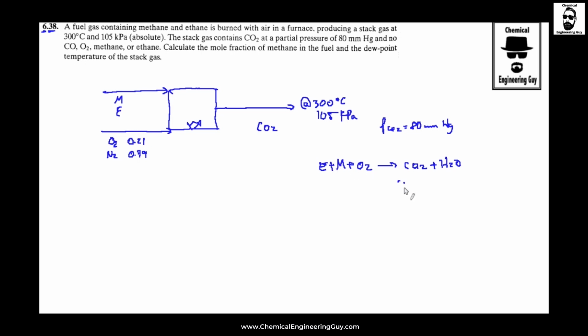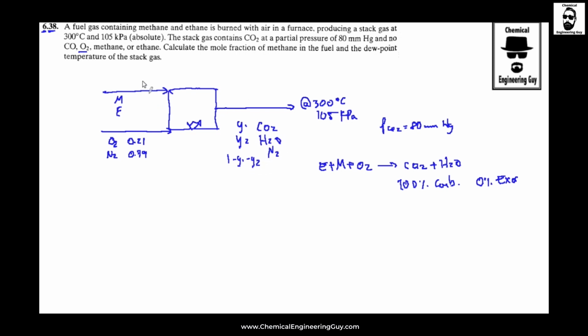So I'm going to suppose 100% combustion, and there's no excess of oxygen because they tell you there's no O2 going out. So I'm going to have water and nitrogen. So let me name this Y1, Y2, 1 minus Y1 minus Y2. What else do we need?